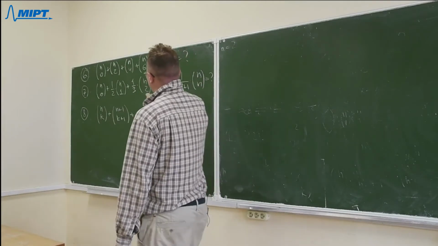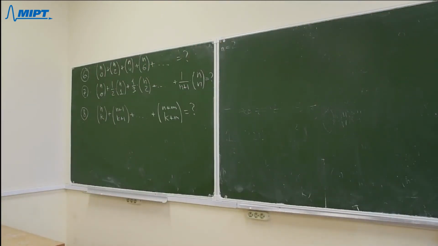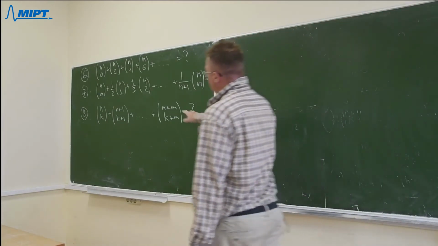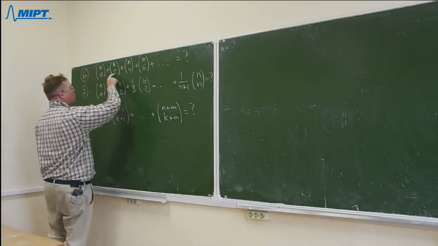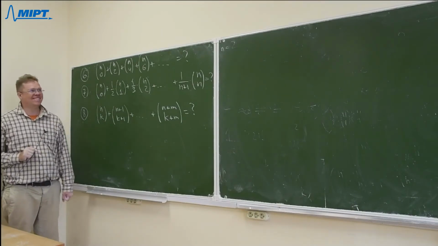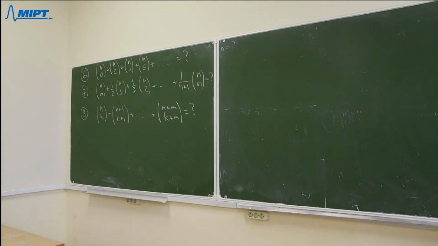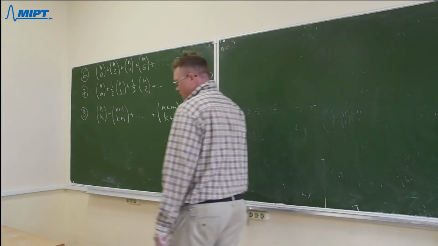We see that 2 to the power n is the sum of all binomial coefficients, and here we have only coefficients where the lower number is even. If you know the proof, you can go to the board and explain your proof.